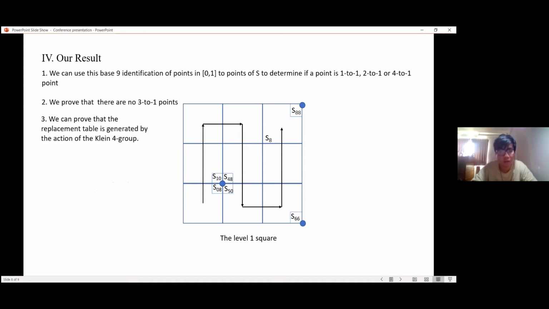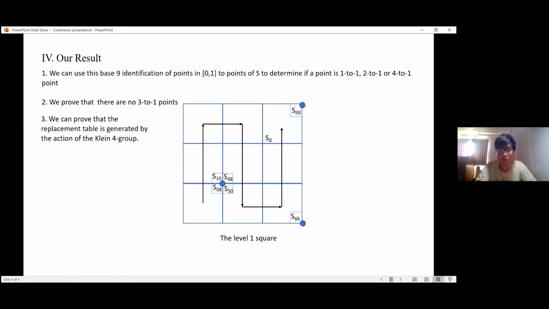So yeah, we'll prove there are no 3-to-1 points. Yeah, I see. We use the base 9 representation to determine if a point is 1-to-1, 2-to-1, or 4-to-1, and we prove there are no 3-to-1 points.